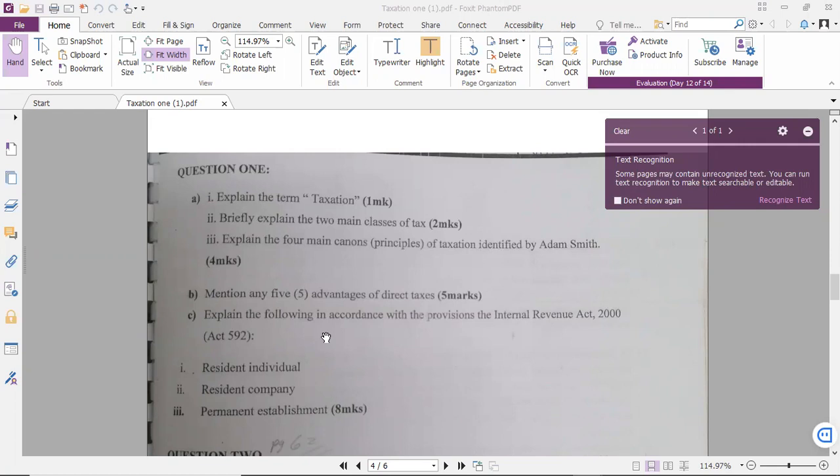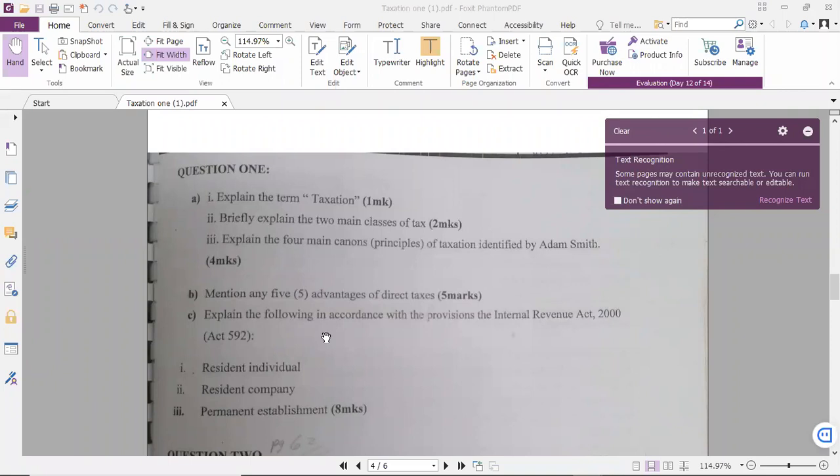Now, I remember in our earlier discussion, or in our first meeting, when it comes to taxation, I asked you to go and look for the differences between a resident individual, a resident company, and a permanent establishment. Nobody has looked for it.